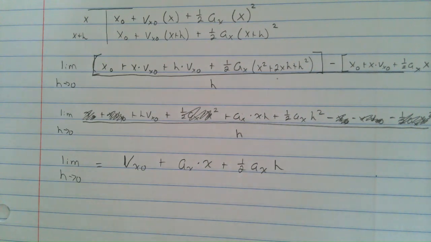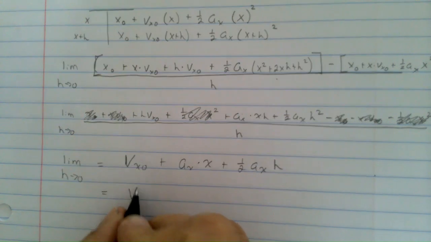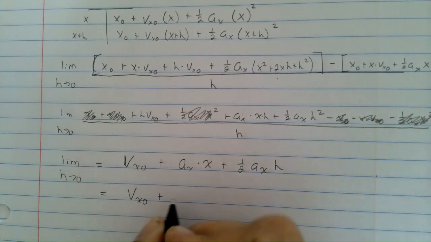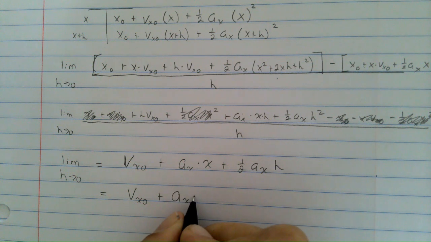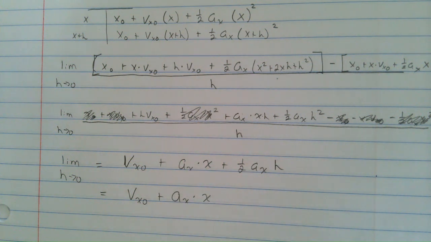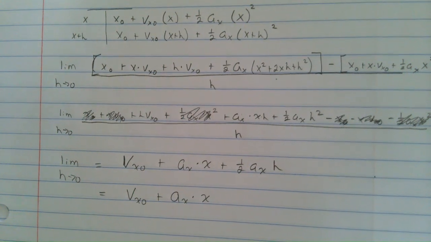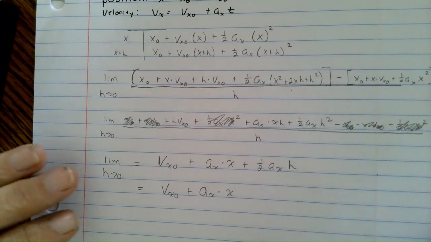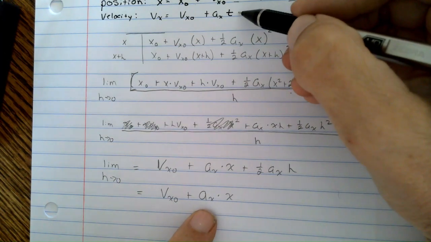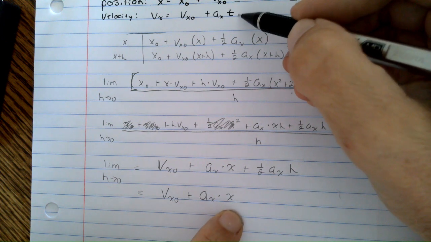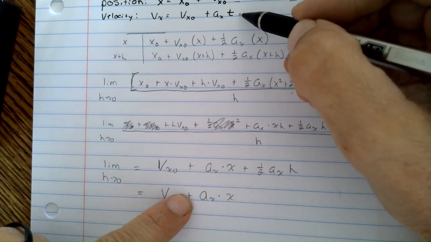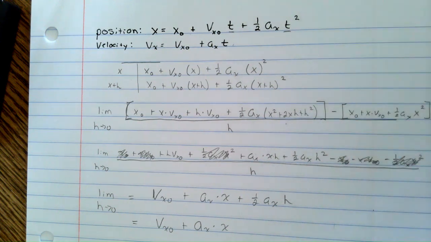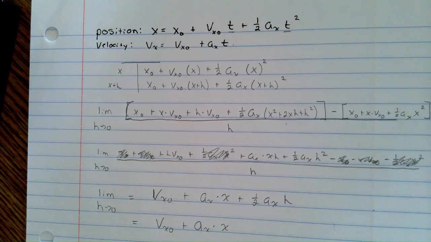And when I finally put h in, v sub x sub 0 plus a sub x times x, because that goes away. Let's look back up here. The only difference between these two equations is I've substituted an x. They have a t. So we just took a very complicated position formula, we applied the limit rules, and we got that same velocity. They're related. I think this is really fun.